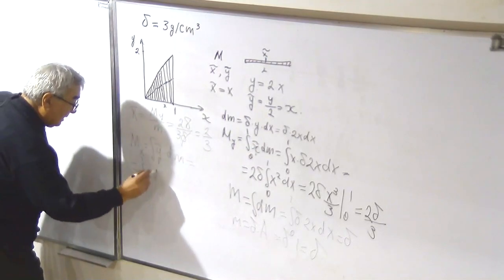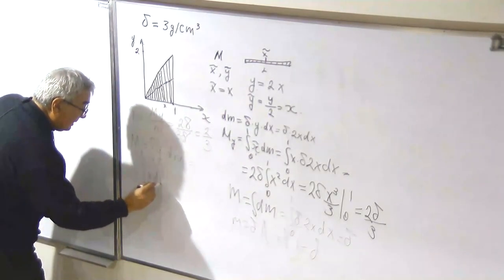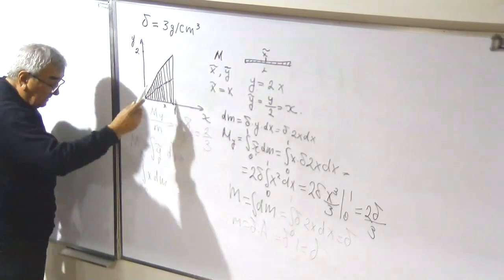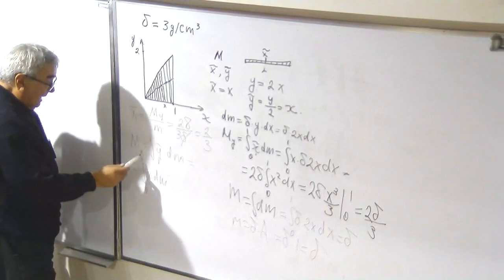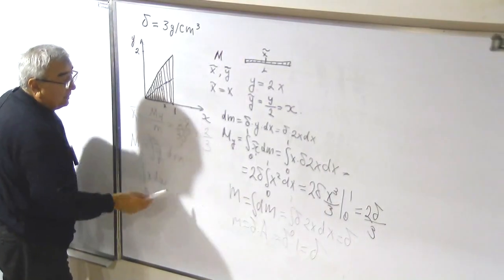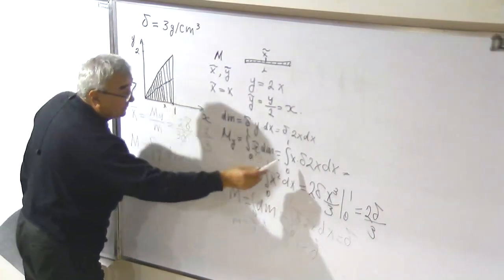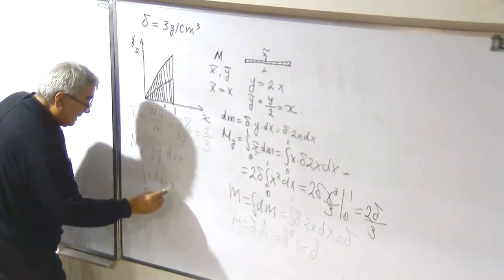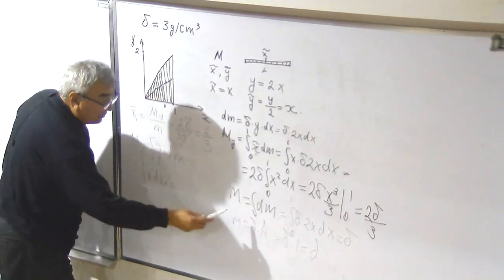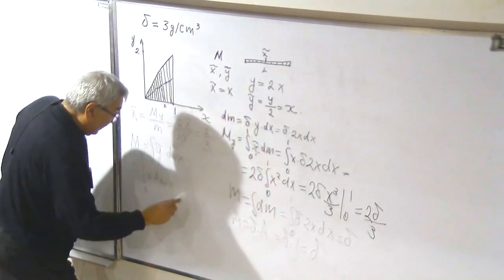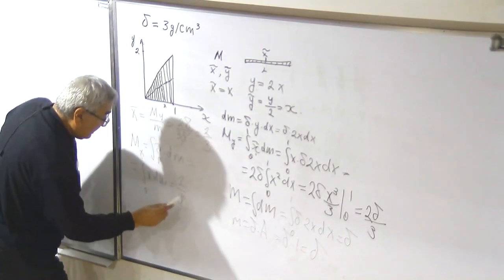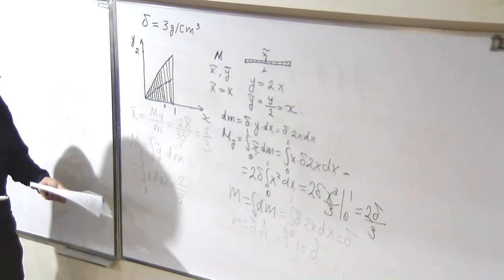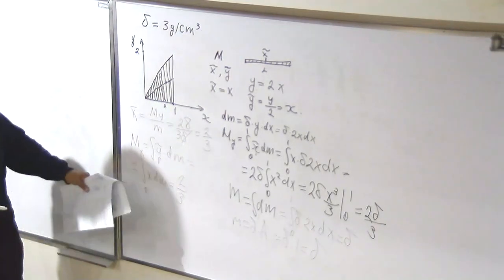Here x dm. For the given case we receive such a result. That means Mx coincides with My. Because here, you see, this will be dm. Therefore, if you calculate this result, you will receive the same result, 2 by 3. I omit these calculations because it is much easier to perform. So we receive this one.